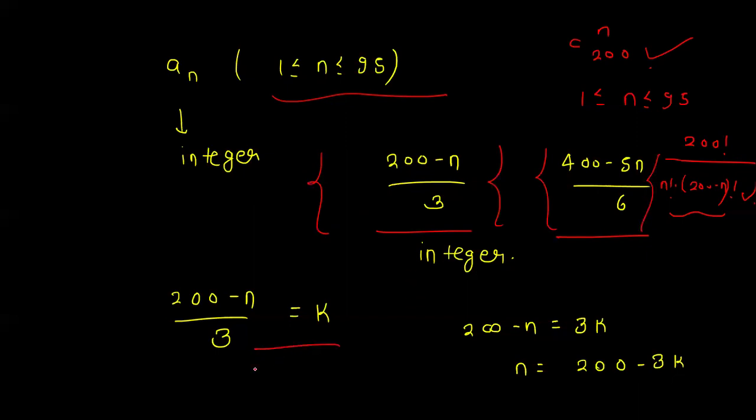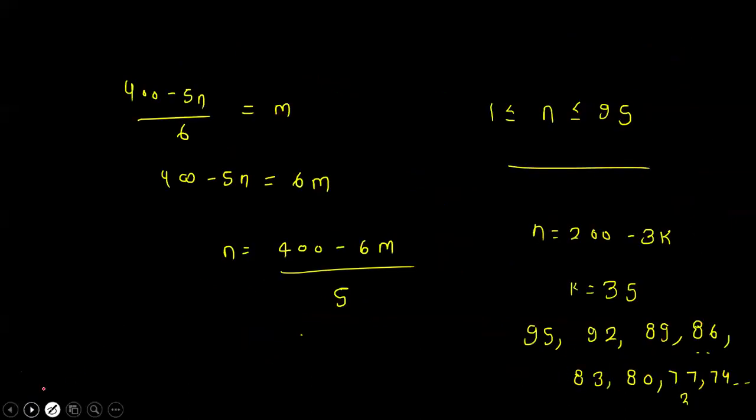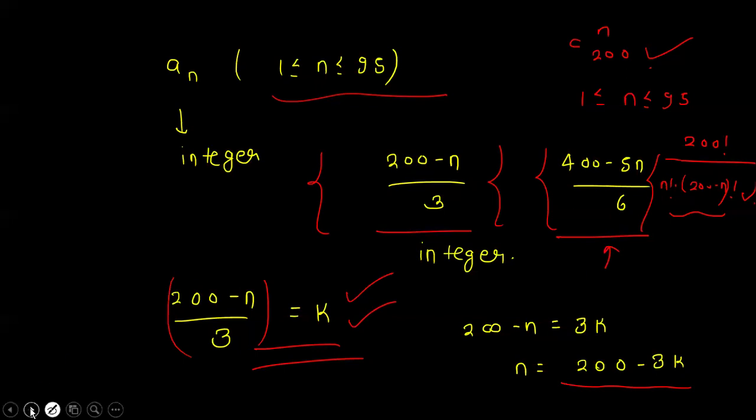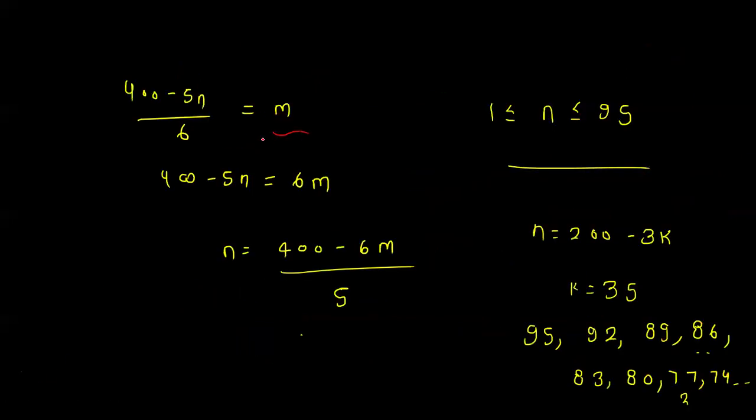So we can put this equal to k, some integer. From here we get n is equal to 200 minus 3k. And this one should also be an integer, so we can put it equal to some m, and here we get n of this form. We know n can take values from 1 to 95.